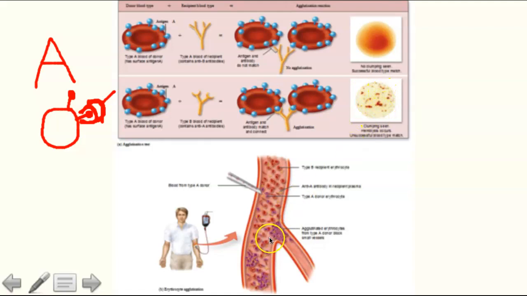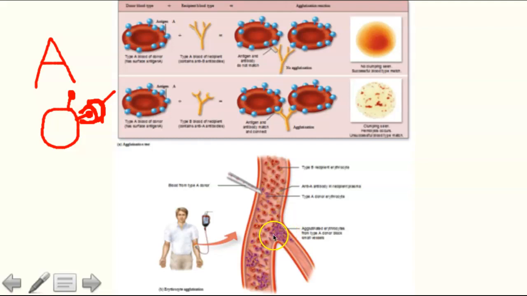And you can see down here a little bit better. I can't read this very well. Let's say this is a type B recipient and they receive type A blood. That type B recipient has anti-A antibodies in their bloodstream that hook onto those type A blood cells and cause them to clump up in the small blood vessels.